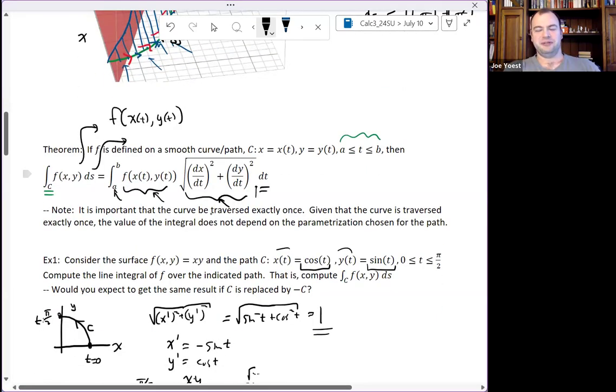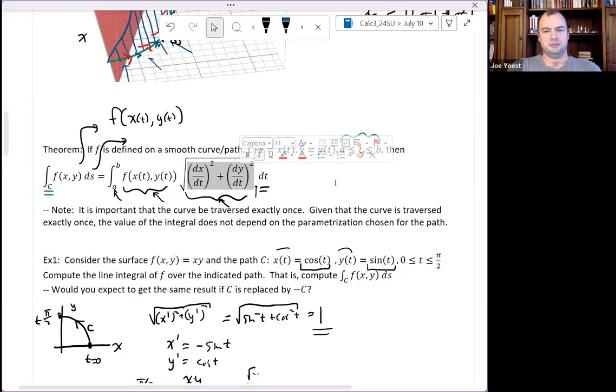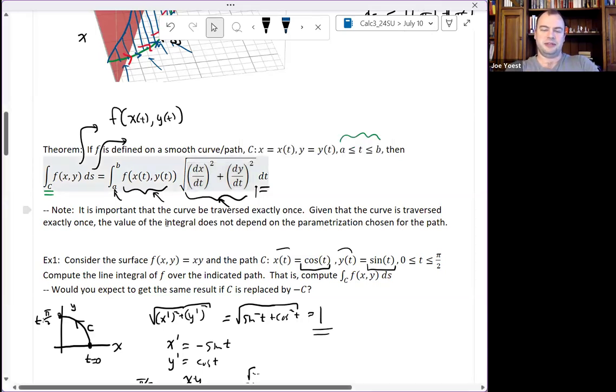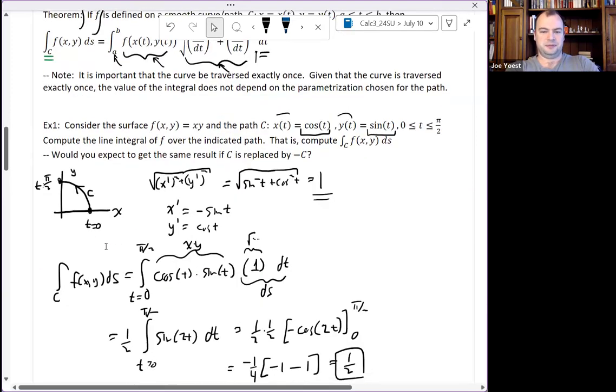But if I traverse this the other way, my dx dt and dy dt are probably going to point in a different direction. Maybe their signs change, but then they're getting squared. So that seems to kill that effect of changing the direction.